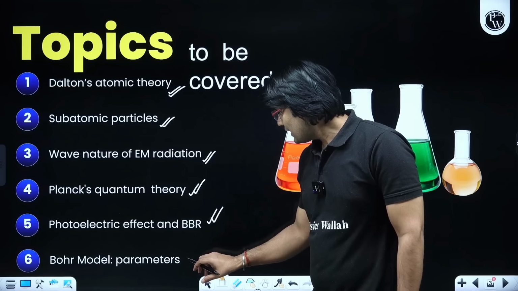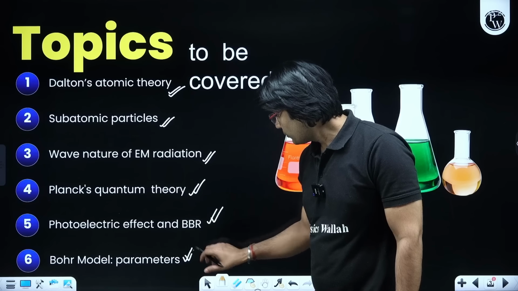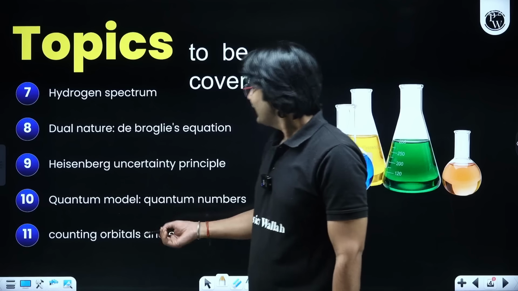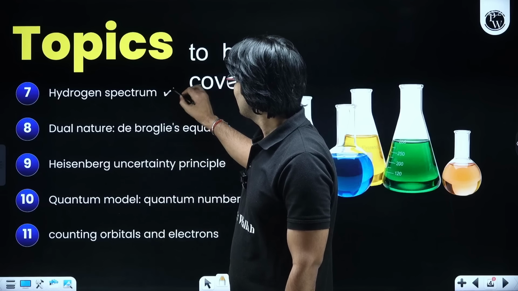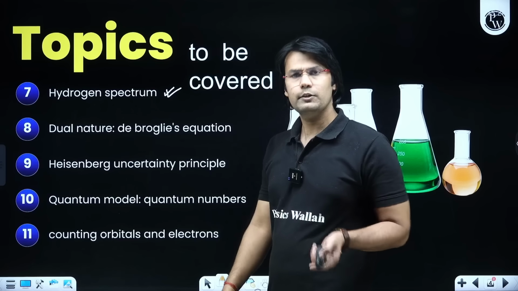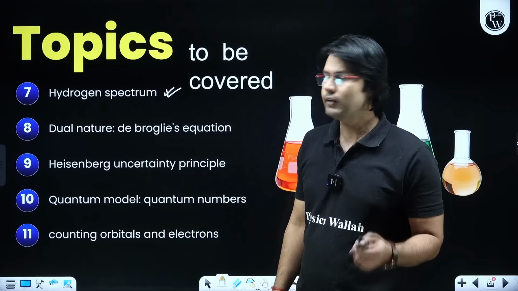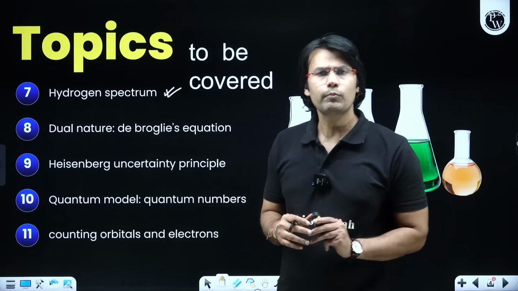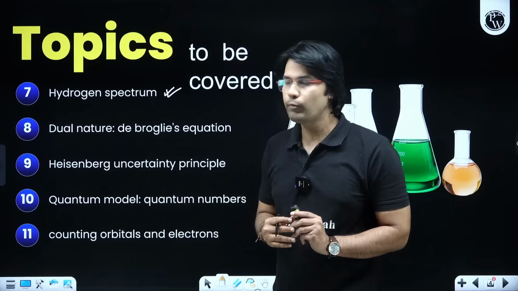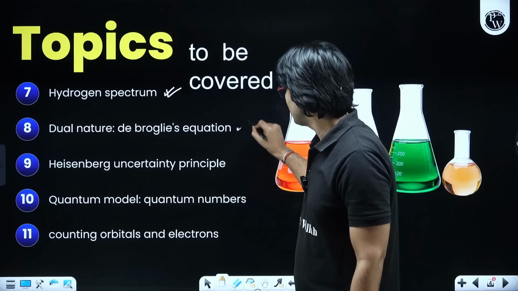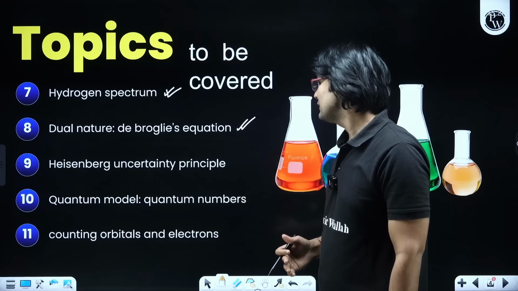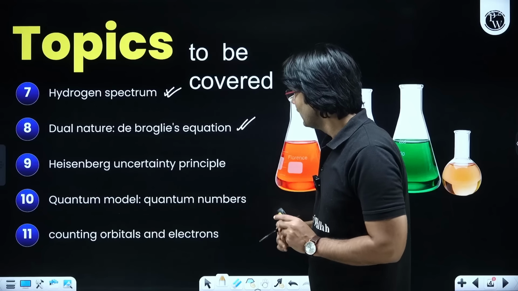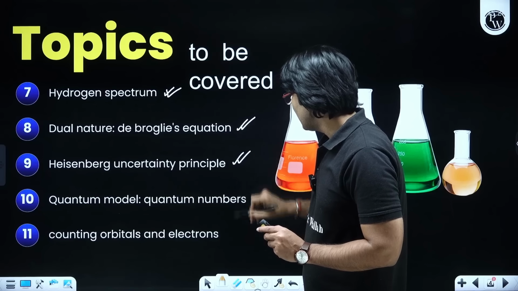Finally we will move into Bohr's model of atom, and in the Bohr model itself we will talk about the hydrogen spectrum, because the hydrogen spectrum was explained by Bohr. Then we will talk about the drawbacks of the Bohr model, and inside that we will talk about dual nature, where we will see de Broglie's equation and some questions from it, and then the Heisenberg uncertainty principle.